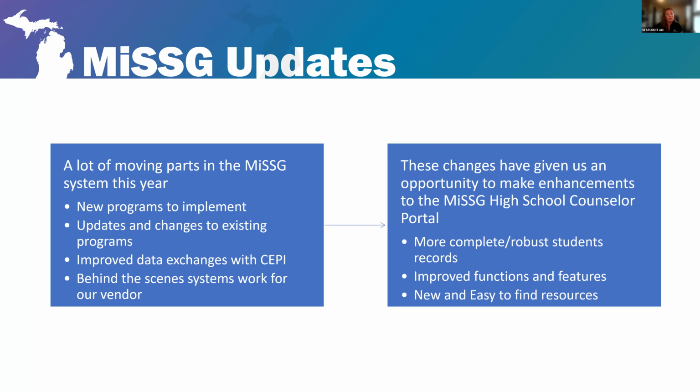That's our Community College Guarantee student letter, and then also the Michigan Achievement Skills Scholarship student letter. So we're just trying to put more resources into the MiSSG system for you all, to be an extra resource for you in the work that you're doing with students.